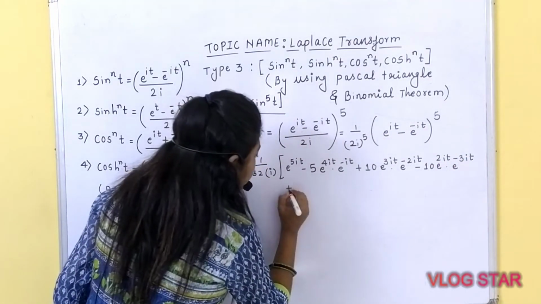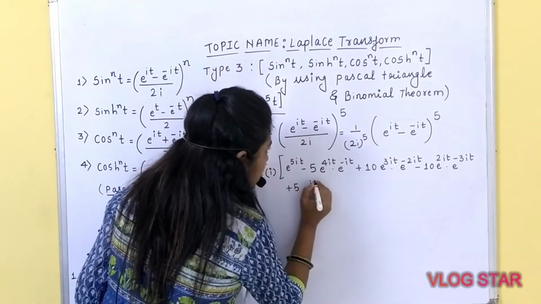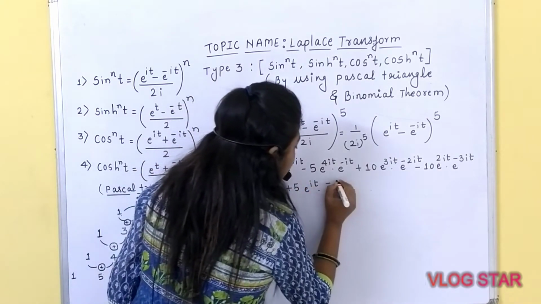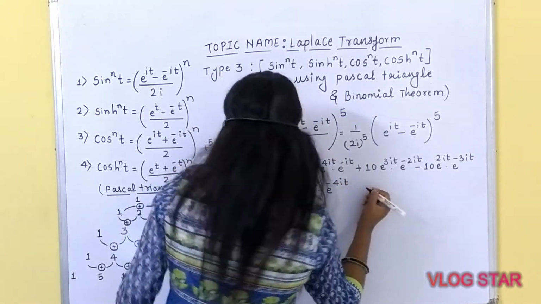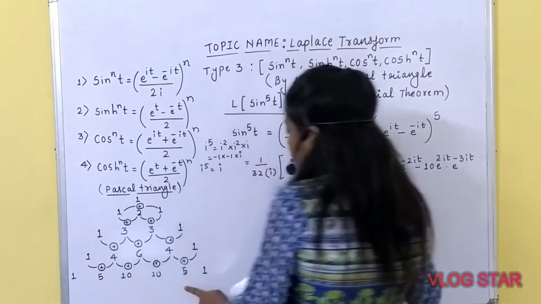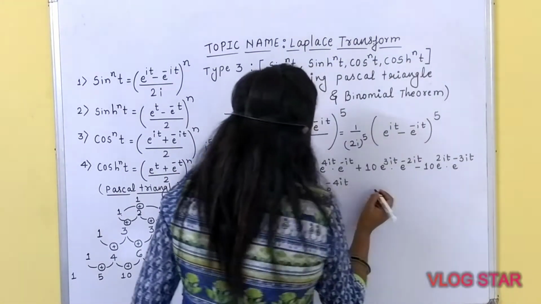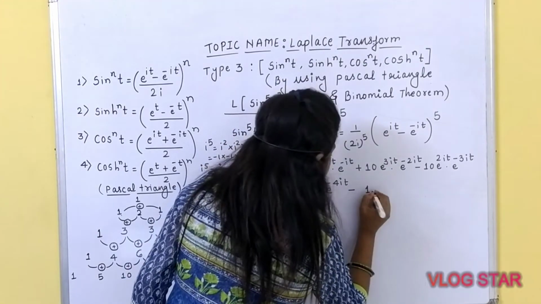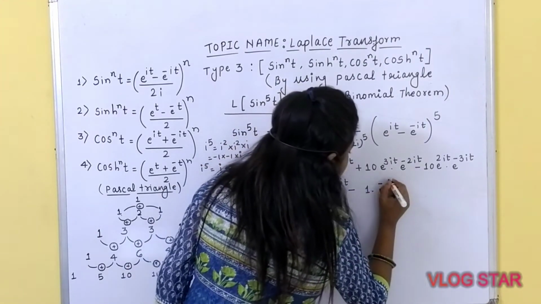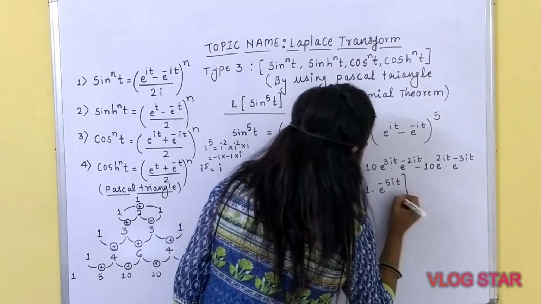Next is plus 5 e raised to it into e raised to minus 4it. And the last one, as per the Pascal triangle, is minus 1 e raised to minus 5it.